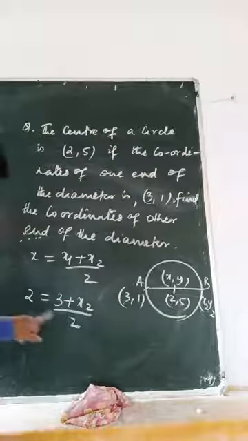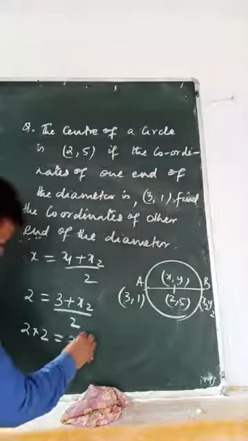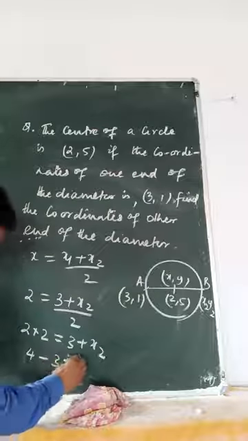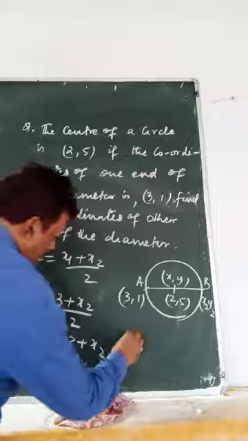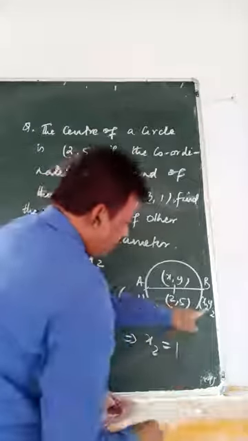Do cross multiplication. 2 into 2 equals 3 plus x2. So 4 minus 3 equals x2, implies x2 equals 1. Means first you got x2.